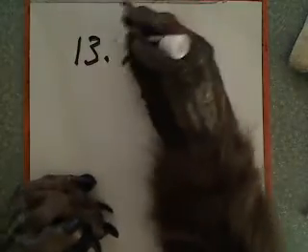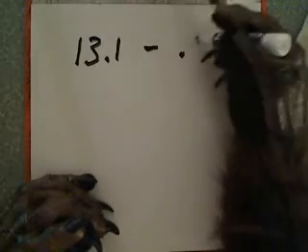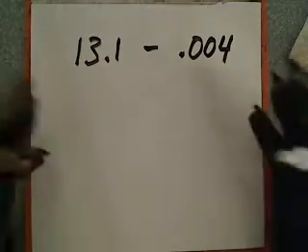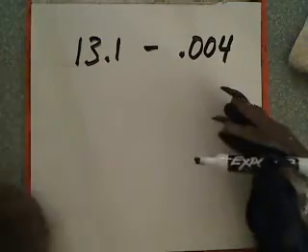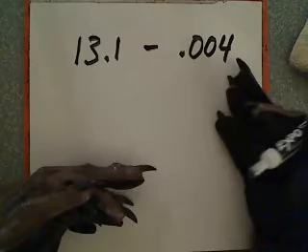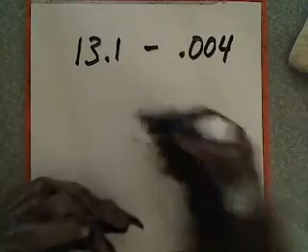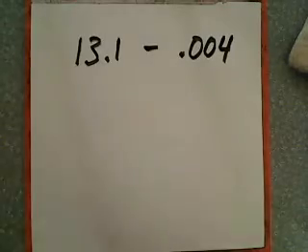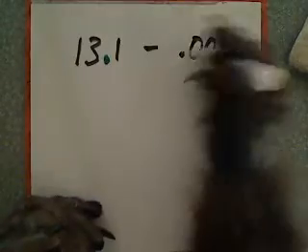Here's another example. All right, so here's a 13, and this is point. This is really small, but we still need to subtract it. So the first thing I want you to do is locate these decimals. And so once again, there's your decimal, there's your decimal. Easy as pie.